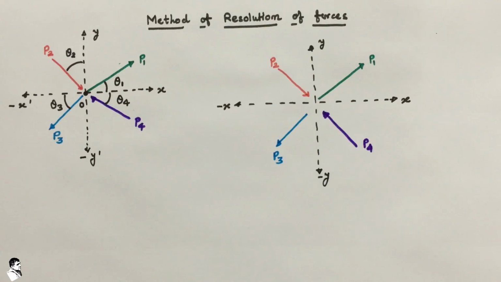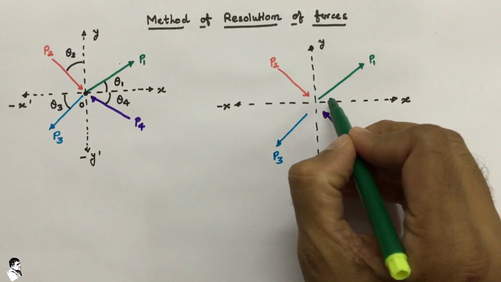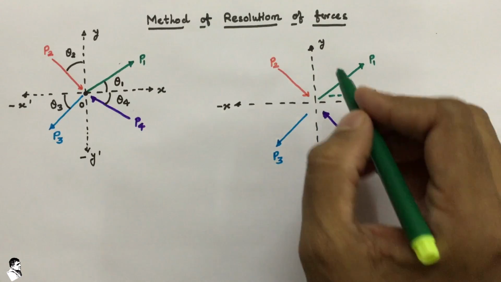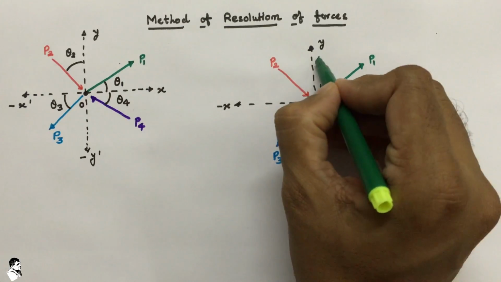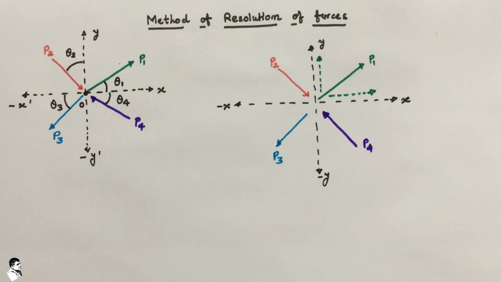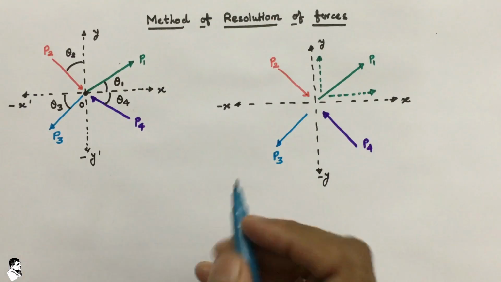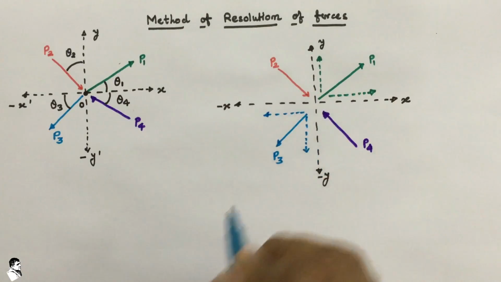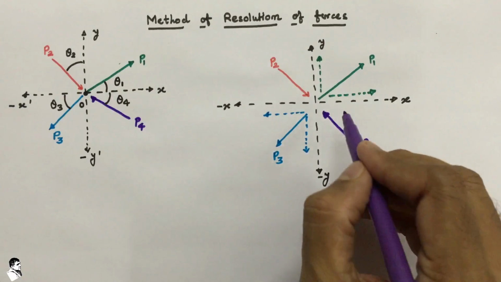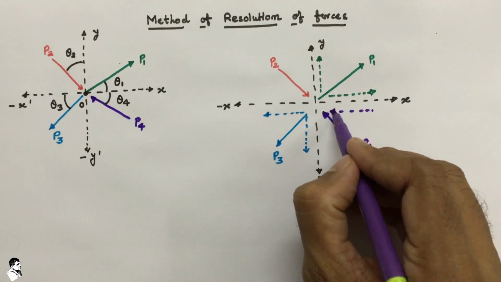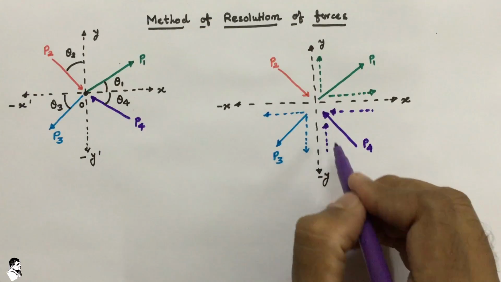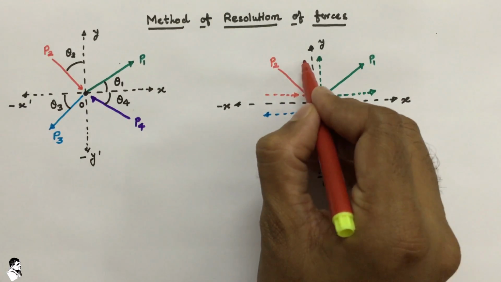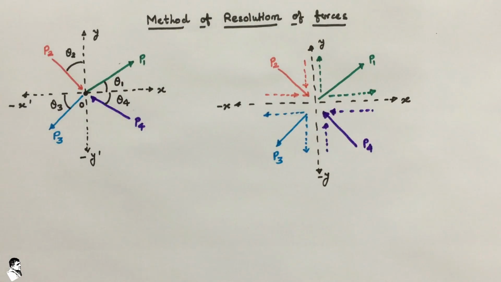If we start with force P1, it is resolved with the x axis, so it has one component with respect to x and a second component with respect to y. In the same way, force P3 resolves into x and y, force P4 goes into x component and y component, and the last force P2 also goes into x component and y component.